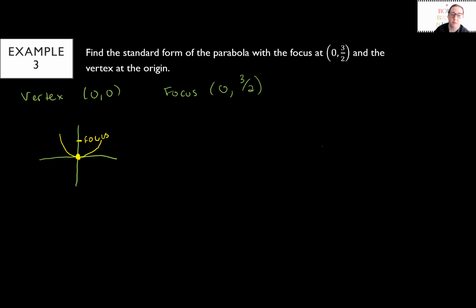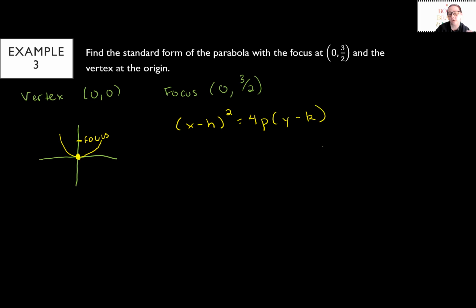So once I figure that out, this tells me that I have to have a vertical parabola. So that tells me which of the 2 equations I'm going to use. So that will be x minus h squared equals 4p times y minus k.